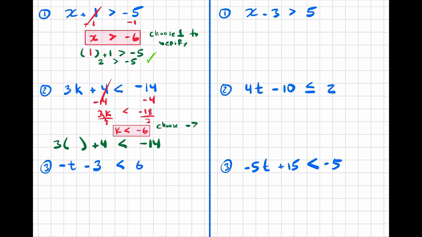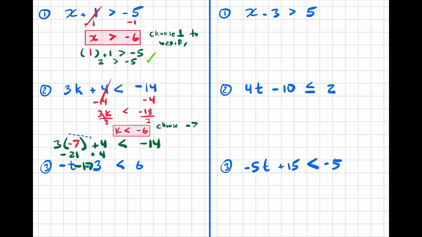So I said I was going to choose negative 7. I put negative 7 into those brackets, and now I have 3 times negative 7, which is negative 21, plus 4. And I want to see, is that less than negative 14? Well, negative 21 plus 4 is going to be negative 17.